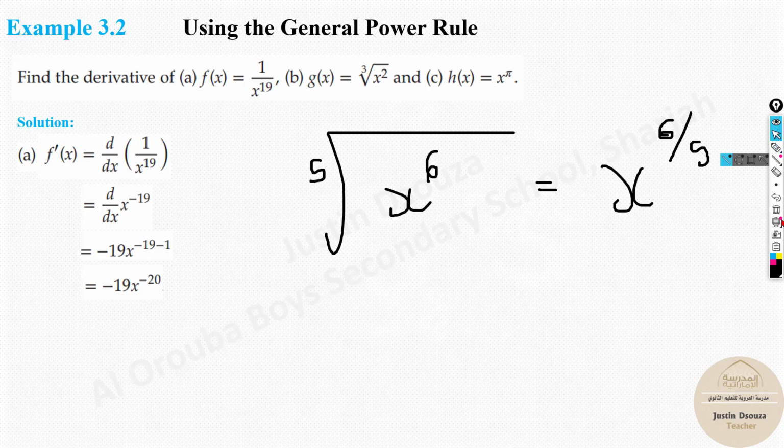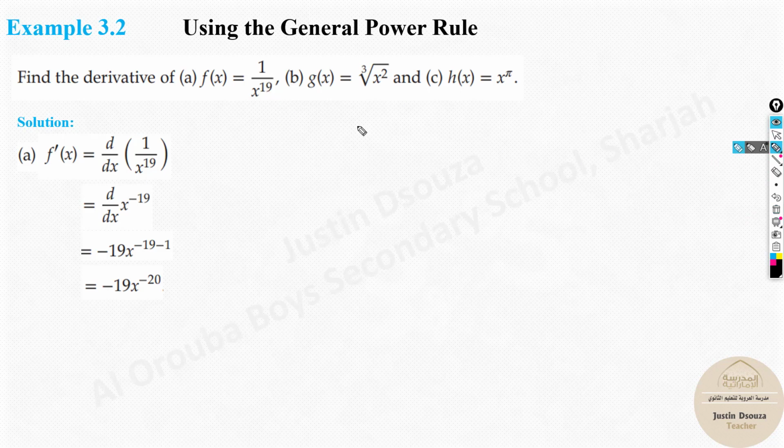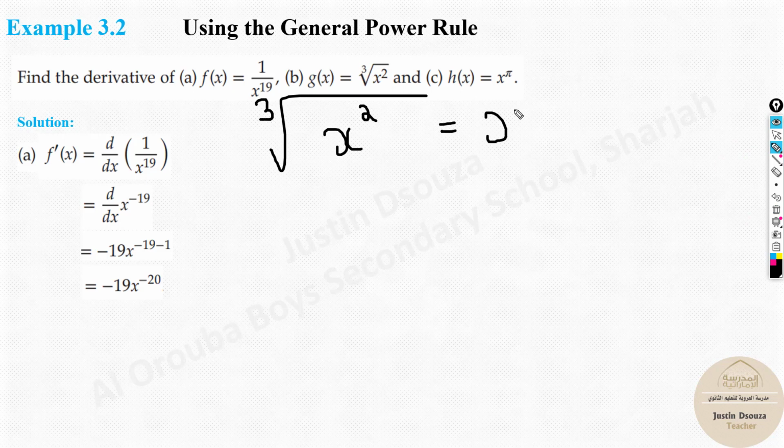Now over here we have got a square root, that's a cube root, sorry, because it's 3, and x squared. This is going to be x squared itself, whatever is inside as it is, but this is always divided by the power. And now, can't you use the power rule? Whatever is in the power comes down.